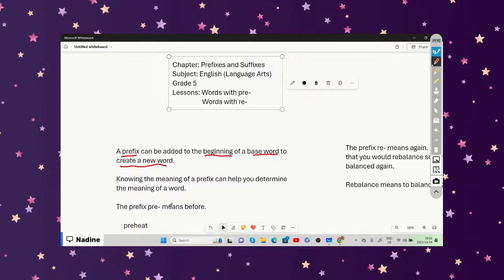For example, we are doing our lessons on pre as well as re. When it comes to the prefix pre, pre means before.